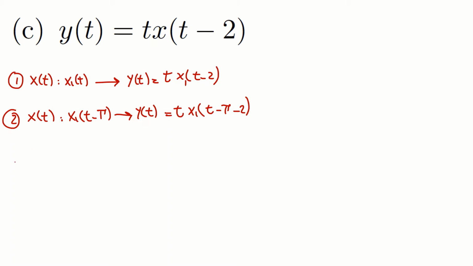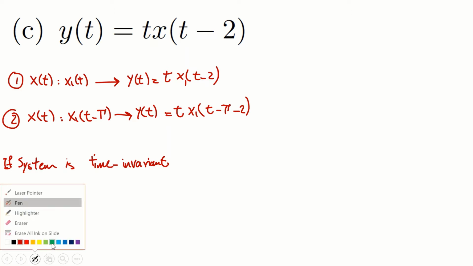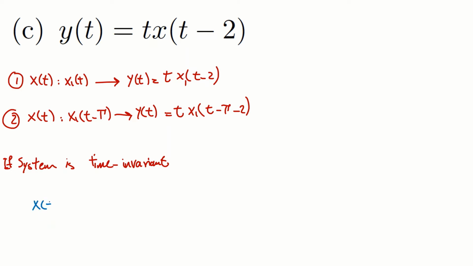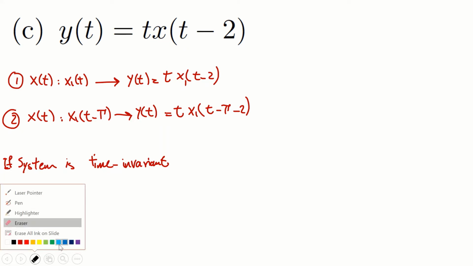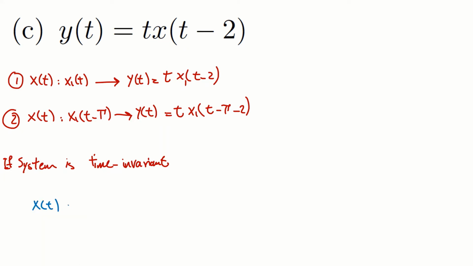All right, if the system is time invariant, we expect that if the input is x(t), we know the output would be y(t).